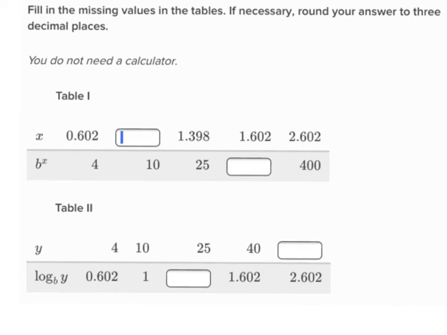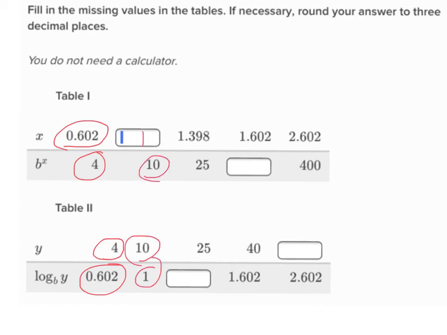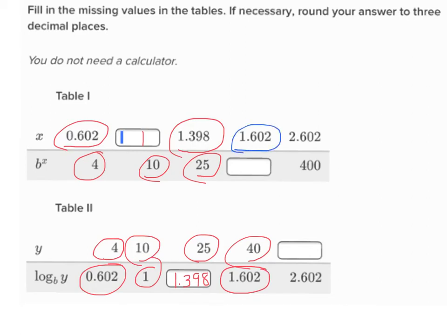So notice right here, my input's this, my output's this, my input and output. So here I've got 10 goes with 1, so 1 has to go with 10. 25 goes with 1.398, so 1.398 has to go with 25. 40 goes with 1.602, and so 1.602 is going to go with 40. 2.602, we don't know what it goes with, but here 2.602 is with 400, so I'm guessing it's with 400 here as well.